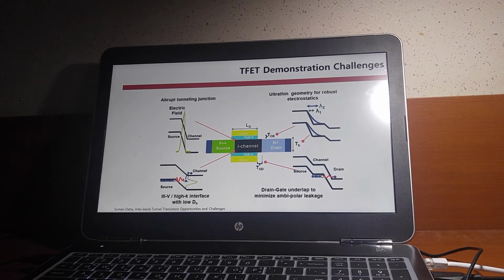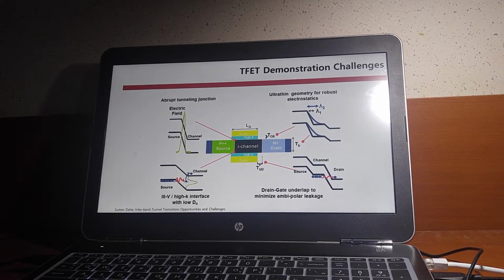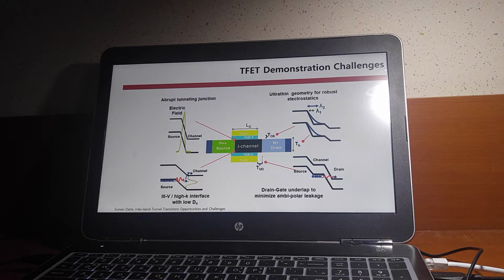Also, if we use high-K, leakage current trapping is a very important issue. To overcome this, we do not fully cover the drain with the gate, because we don't want to control the drain as well. We just leave it alone and cover only the source and channel with the gate. So we solve the problem by this mechanism.